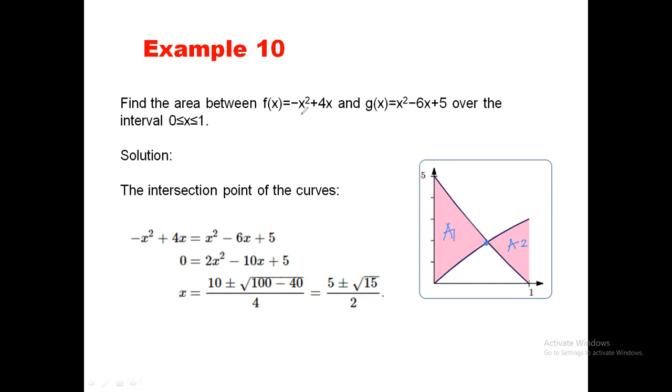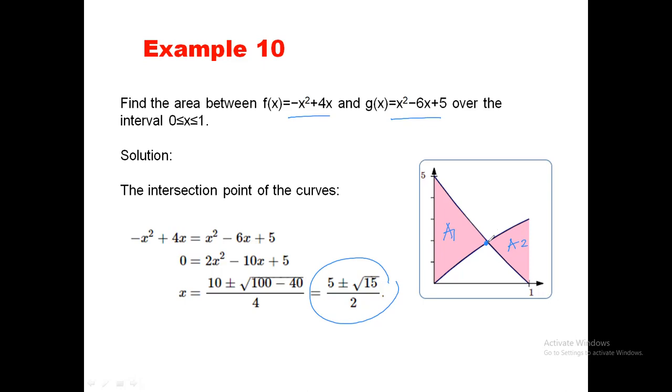So you have to equate negative x squared plus 4x to x squared minus 6x plus 5, giving you this single point of intersection. So you will have x equals 5 plus or minus square root of 15 over 2. So whichever of the two lies above the x-axis, then that would be the x that you will use.